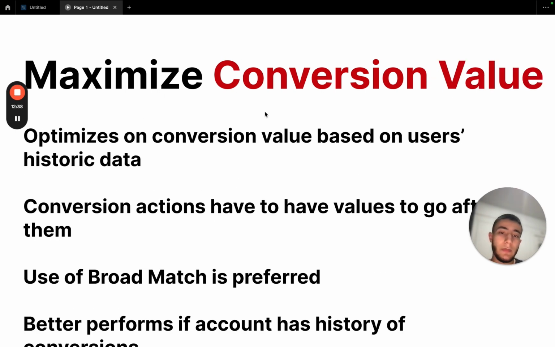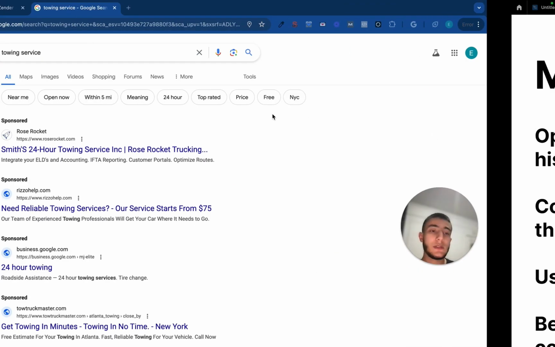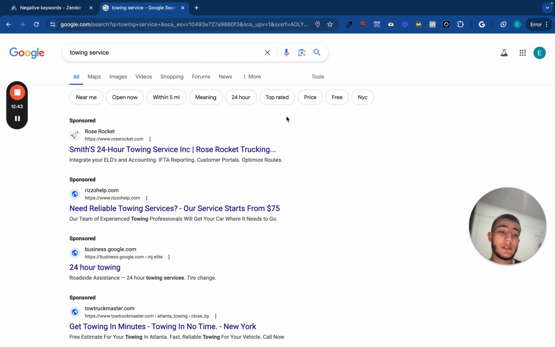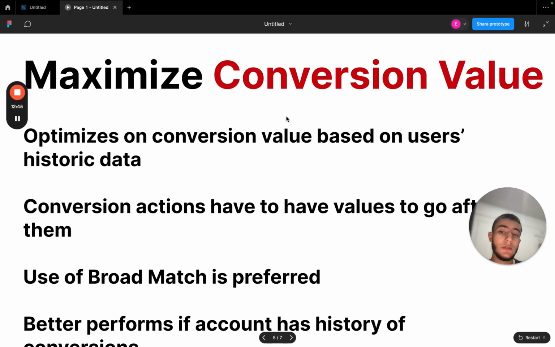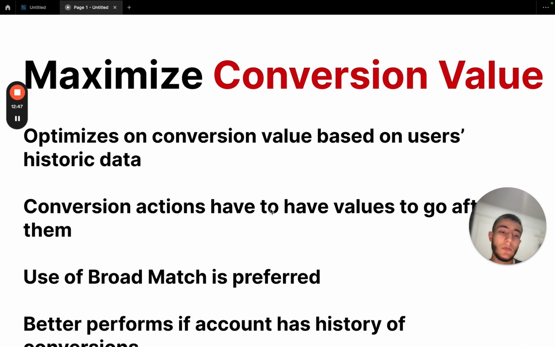So let's go over maximize conversion value. What's the difference between maximize conversions and maximize conversion value? The difference is it's going to optimize for more conversion value. So if you have two conversion actions on your website, for example, one is a form submission and the second is a phone call, you can set the value of the conversions.